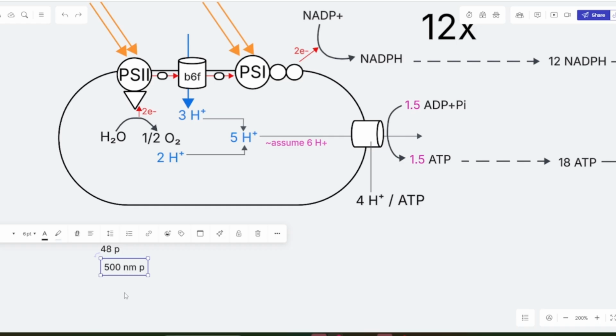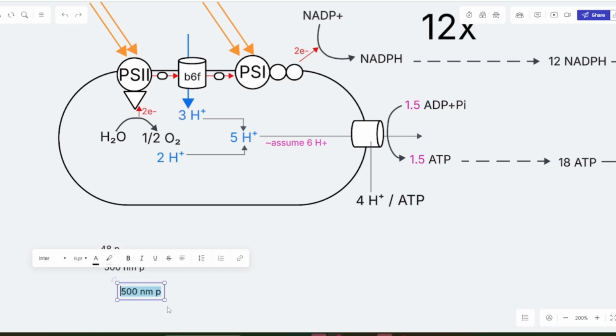Now we need to use the equation for the energy content per photon, which is given as energy per photon is equal to Planck's constant, often written as h, times the frequency of that photon. So the higher the frequency, the higher the energy. And the frequency can also be written as the speed of light divided by the wavelength of the photon.